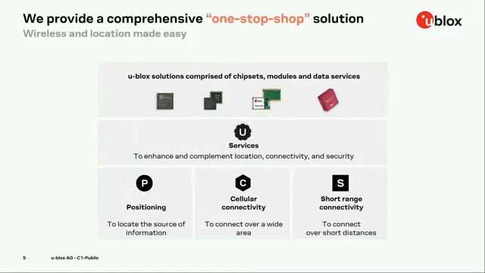The products that we offer is, first of all, we have modules and chipsets for satellite-based positioning for outdoor usage. That's GNSS, GPS, Galileo, GLONASS, etc. We have cellular communication, and we also have short-range connectivity with Bluetooth and Wi-Fi.